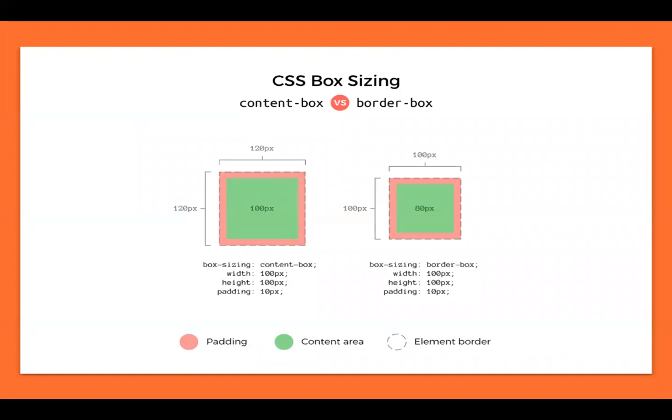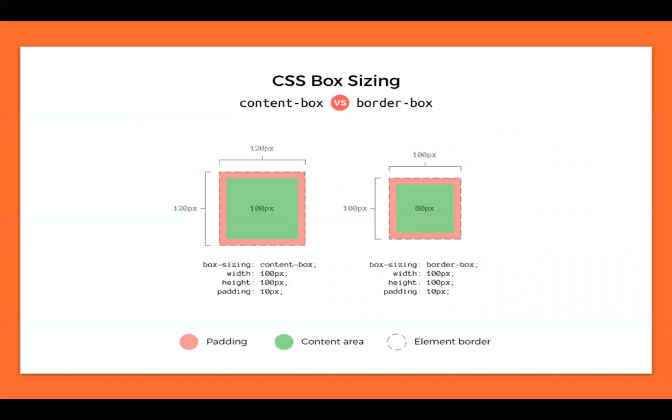In the content box, the content carries the width that is specified, the width of 100 and the height of 100. But the final width of that element is 120 pixels because it adds the padding to it. That's content box.